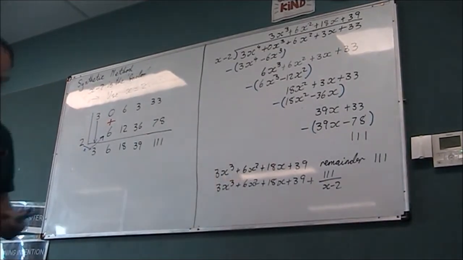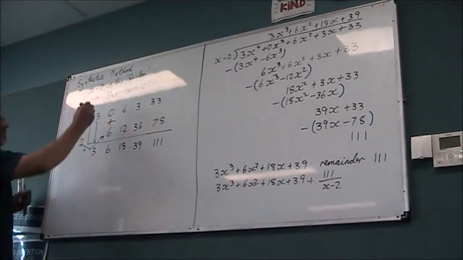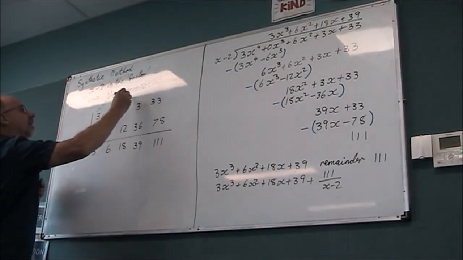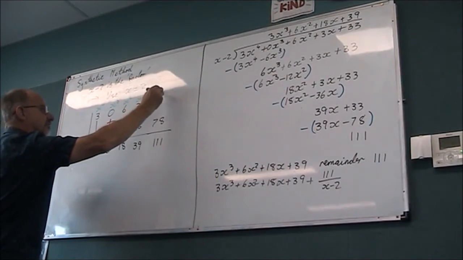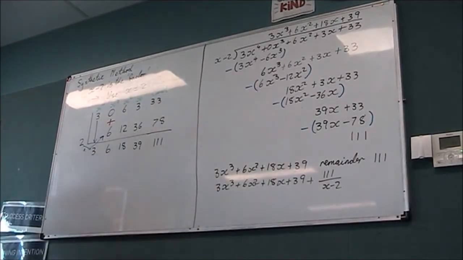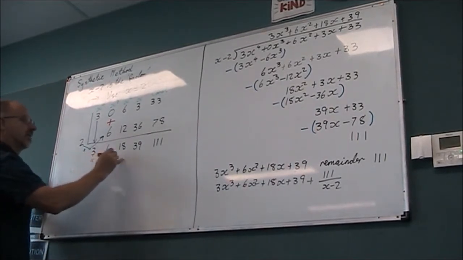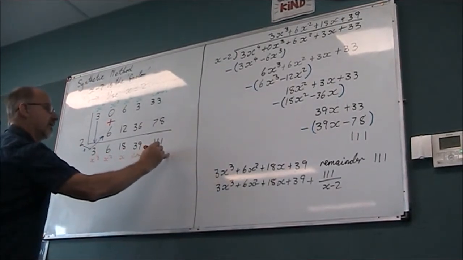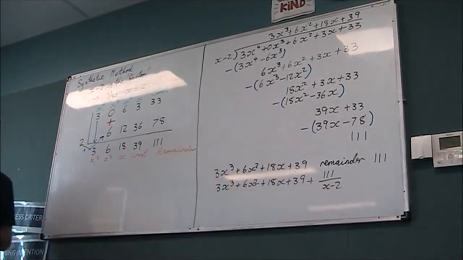So up the top, this was our x to the 4, x cubed, x squared, x, and our constant. And down the bottom here, this is now x cubed, x squared, x, constant, and remainder.